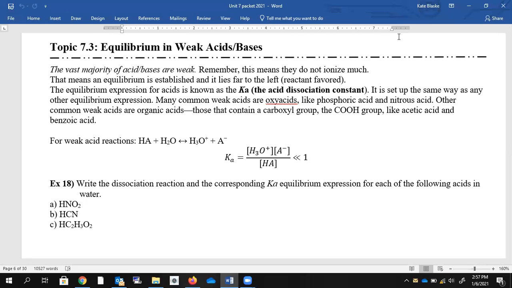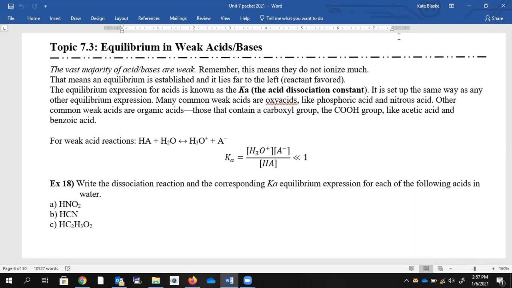Since strong acids and strong bases 100% dissociate in their solutions, they're not in equilibrium. They make no reverse reaction. There are no reactants being reformed from the products. But in weak acids and weak bases, we do have that forward and reverse reaction happening at the same time.